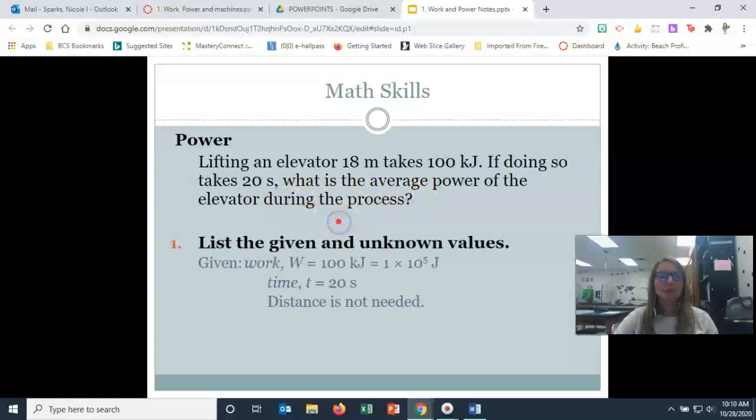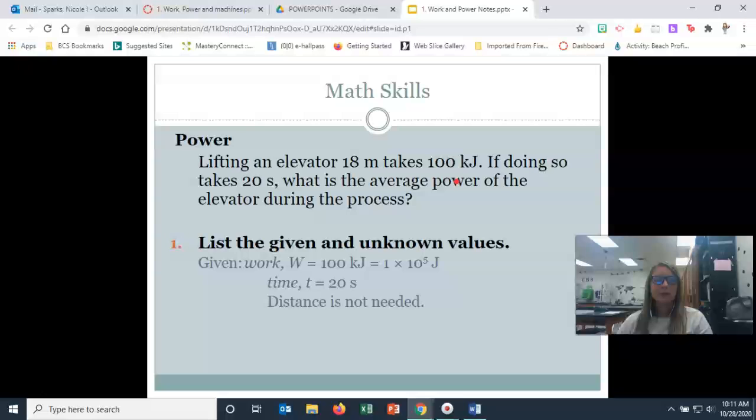So let's look at what we're trying to figure out here. Once we do, we see that we have our given pieces of information. So let's write out our T-chart: power, work, and time. And we can see the question, what is the average power? So that's what we're solving for, that's our variable.